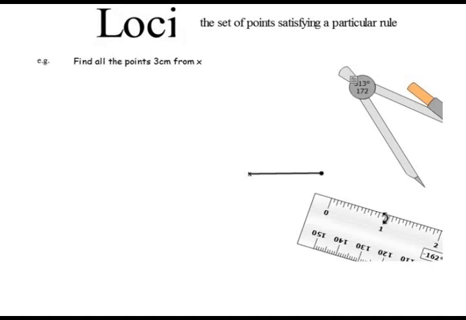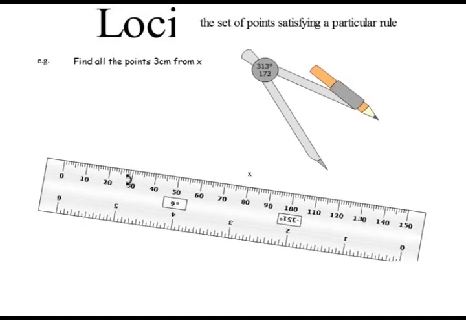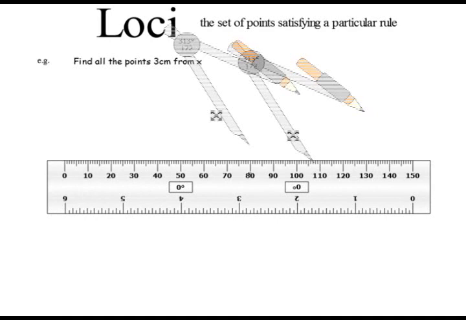But it's not the only one, because we can draw an endless number of lines 3 centimeters from X in all directions. In fact, the locus of such a point is the path around a circle of radius 3 centimeters with center at X. So we take a ruler and measure 3 centimeters using a compass.